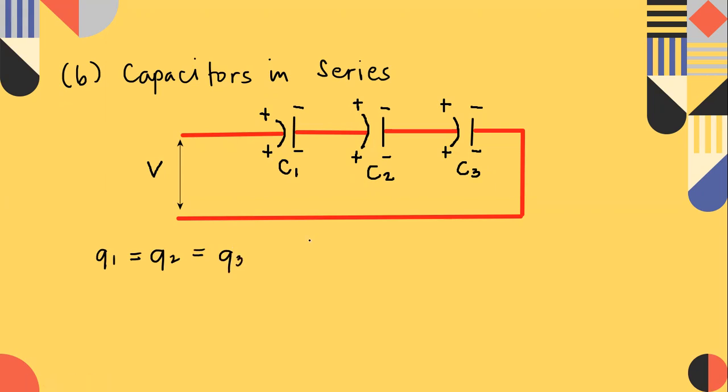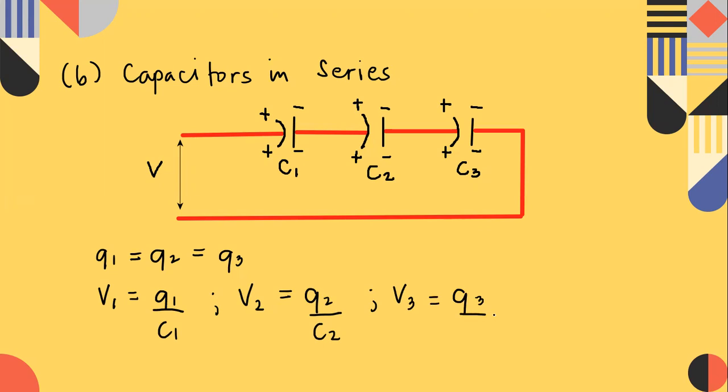And then the voltage V1 is equal to Q1 over C1. While for V2, we have V2 is equal to Q2 over C2. While for V3, that is equal to Q3 over C3.